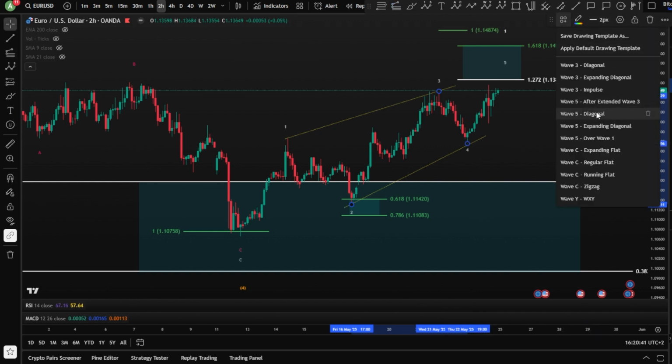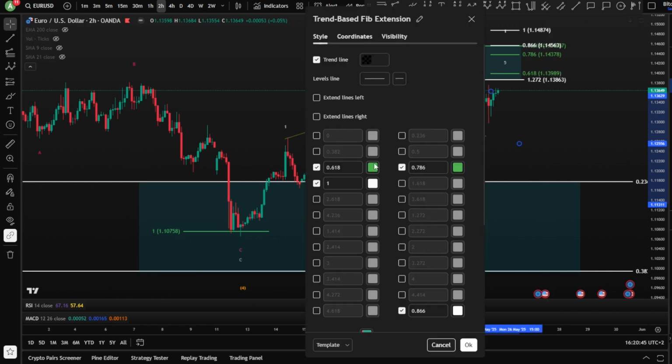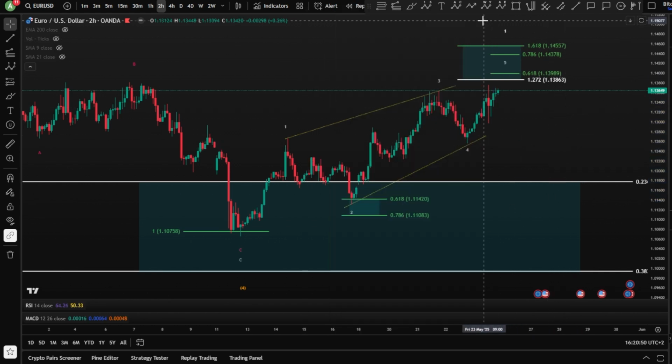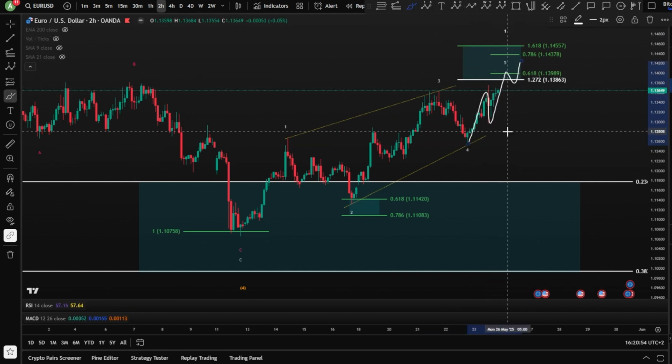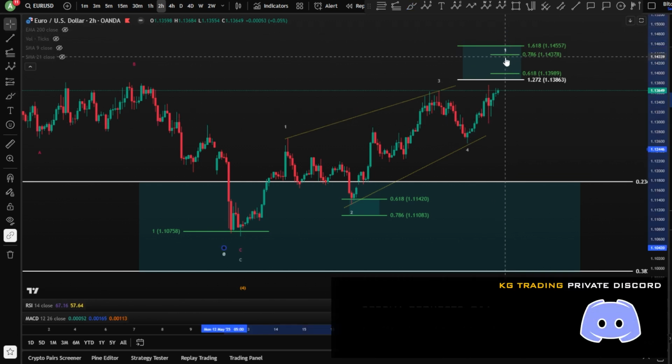So wave 5 as diagonal, well, yeah, is exactly what I'm expecting to be in confluence in this blue box. So preferably that we see at least here kind of like an impulse or ending diagonal, finishing, of course, this wave 5 as a wave 1 in the white scenario here.